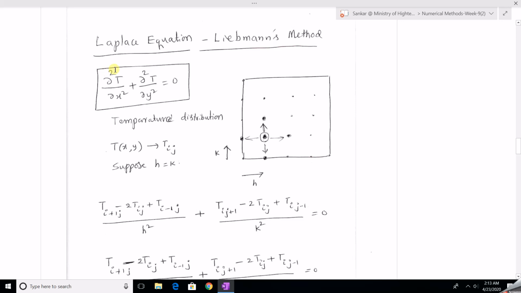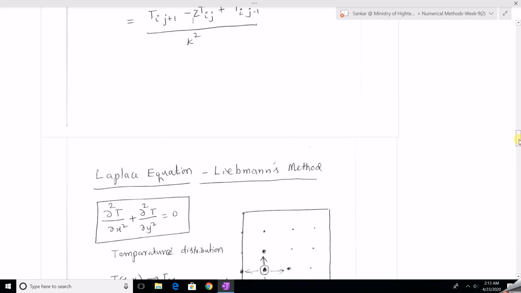If you recollect, the approximation of dou square t by dou x square is t of i plus 1, j minus 2 t i j plus t of i minus 1, j over h square.